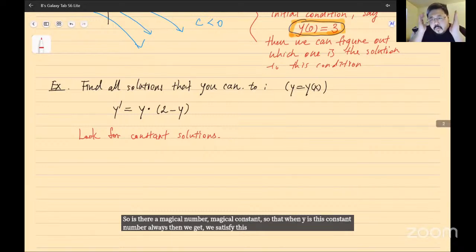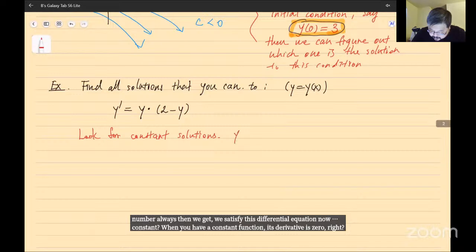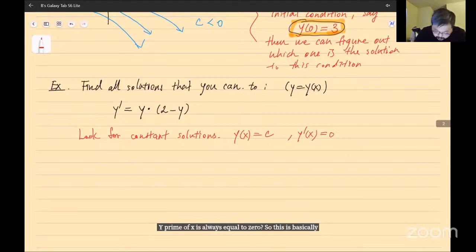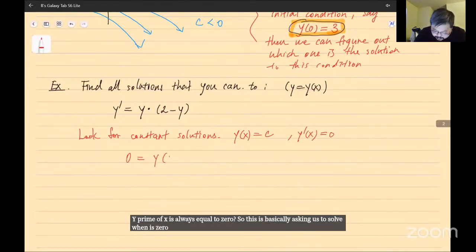When you have a constant function, its derivative is 0, right? So if we're looking for a function of this form, y of x is equal to some constant c, y prime of x is always equal to 0. So this is basically asking us to solve when 0 is equal to y times 2 minus y.